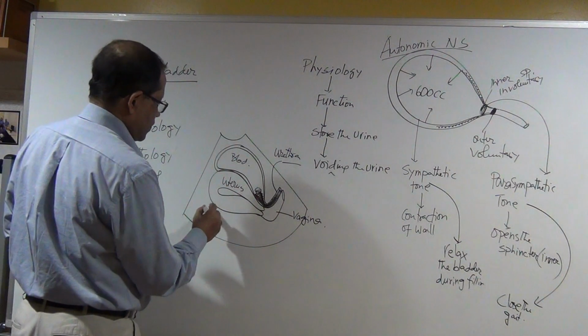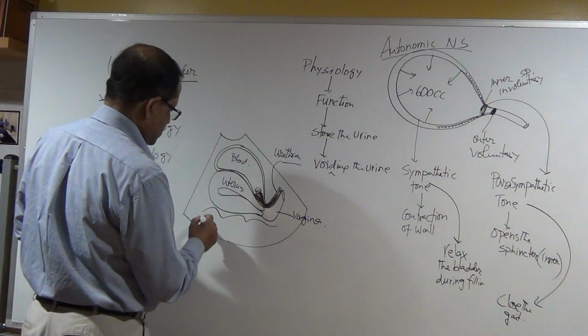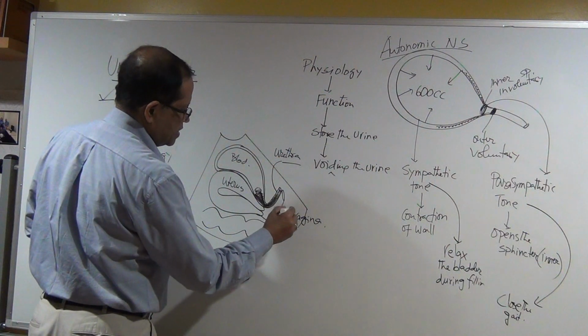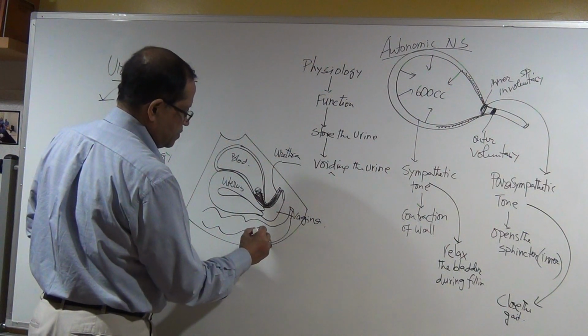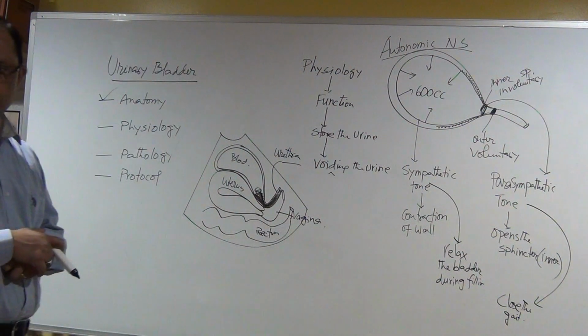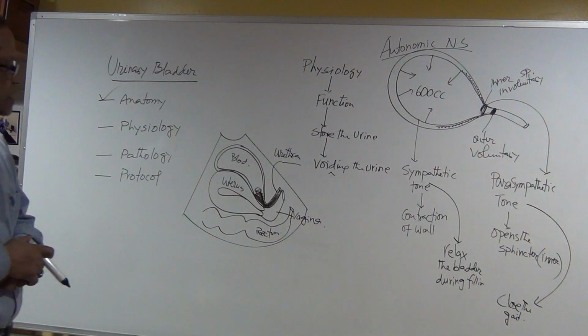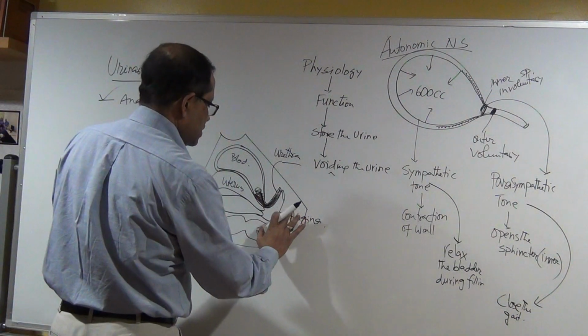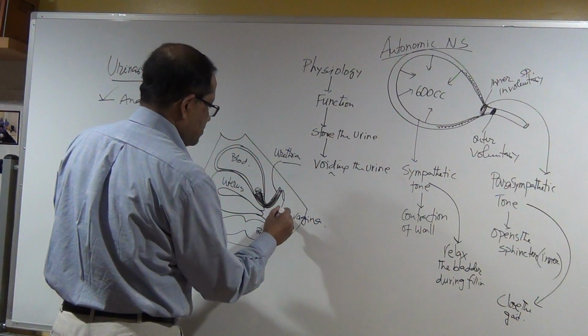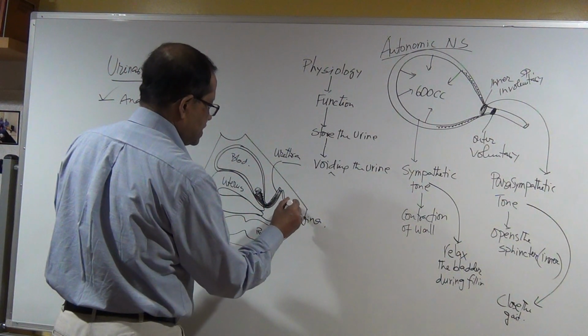And what is this organ? What is this intestine? This is rectum. This relationship is very important. Okay, I'm going to modify the rectum and the posterior wall of the vagina a little.